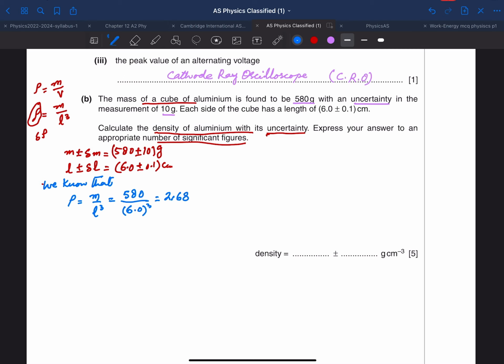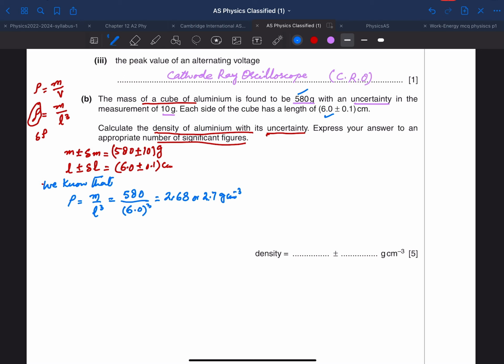Even you can write 2.7. The significant figures, as we have two significant figures here, the appropriate significant figures we can use is only 2. So this is what we have as far as the density is concerned, and you know that this is measured in gram per centimeter cube. So this is the first step.